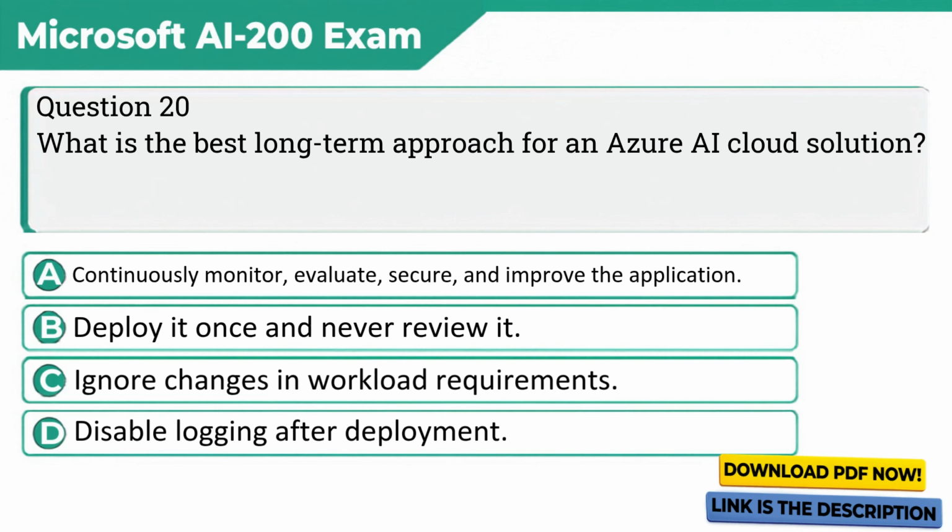Question 20. What is the best long-term approach for an Azure AI cloud solution? A. Continuously monitor, evaluate, secure, and improve the application. B. Deploy it once and never review it. C. Ignore changes in workload requirements. D. Disable logging after deployment.